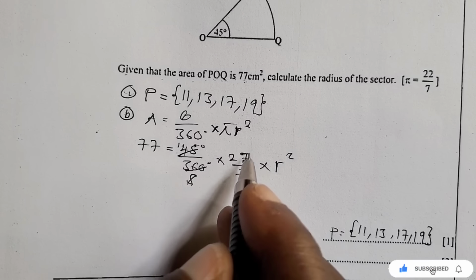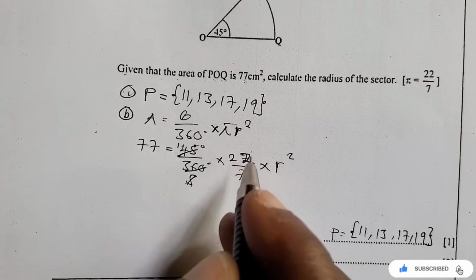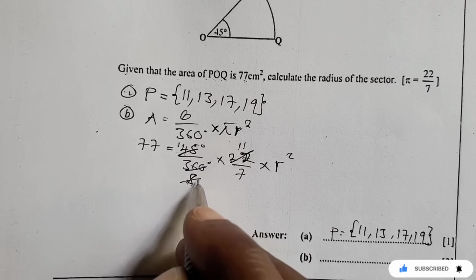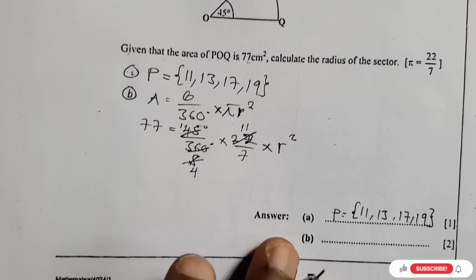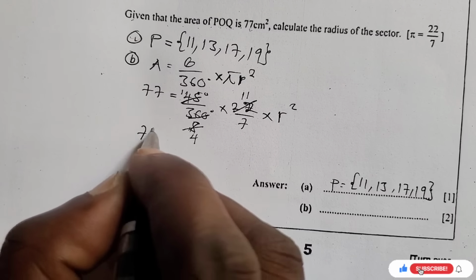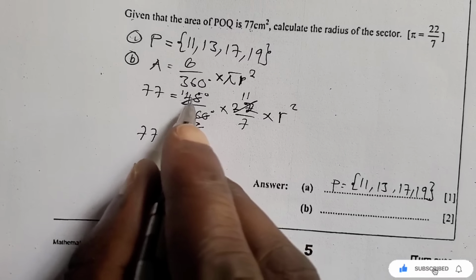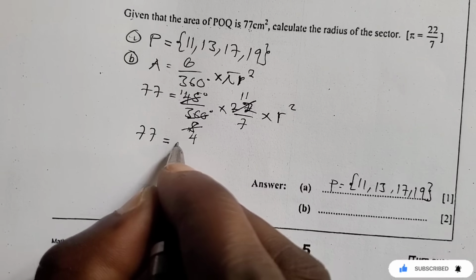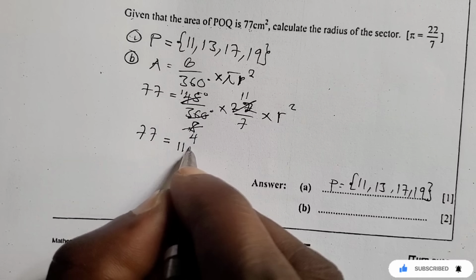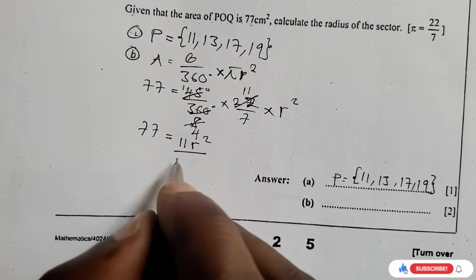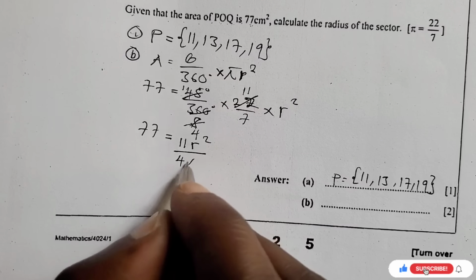Do you know that 2 can go into 8 and 22? 2 into 22 is 11. 2 into 8 is 4. So let's write nicely here. We have 77 is equal to 11 times r squared over 4 times 7. So just write 4 times 7.